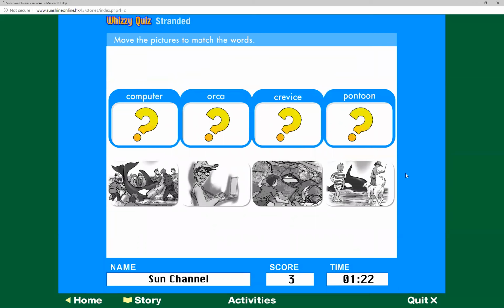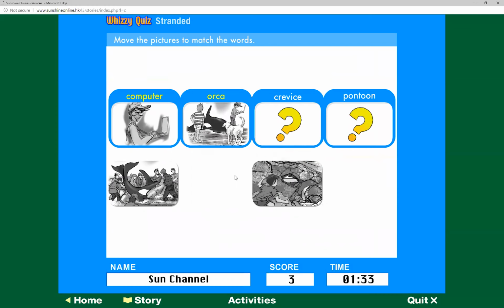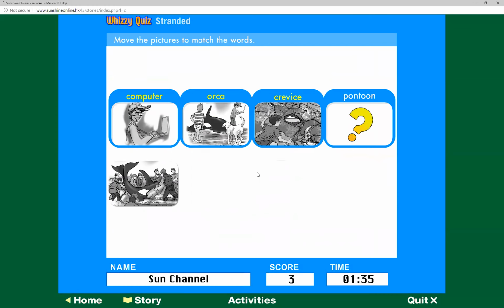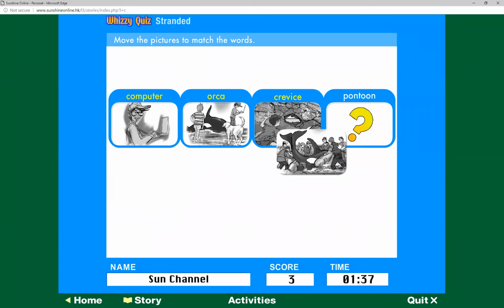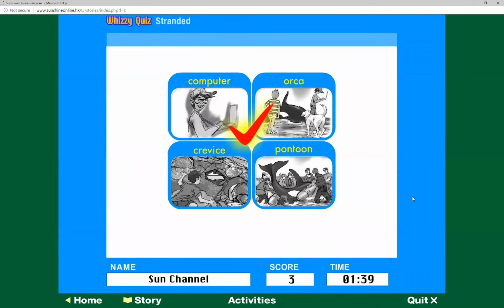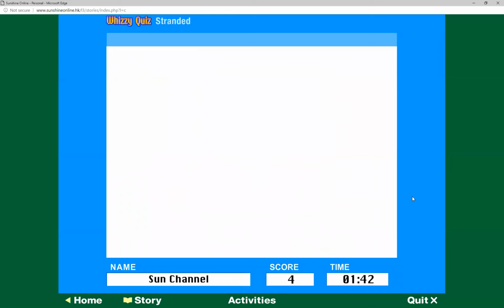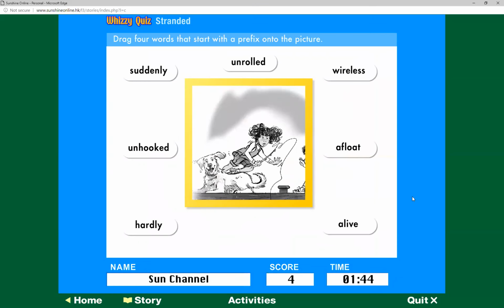Move the pictures to match the words. Computer. Orca. Crevice. Pontoon. Great job. Drag 4 words that start with a prefix onto the picture.